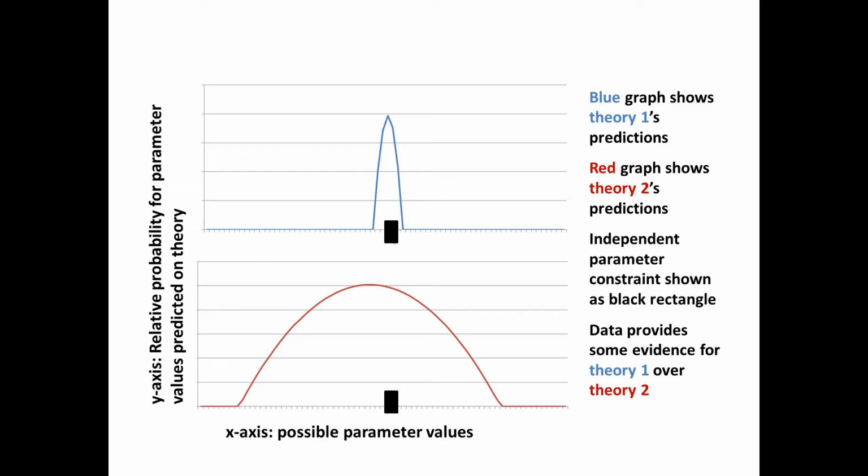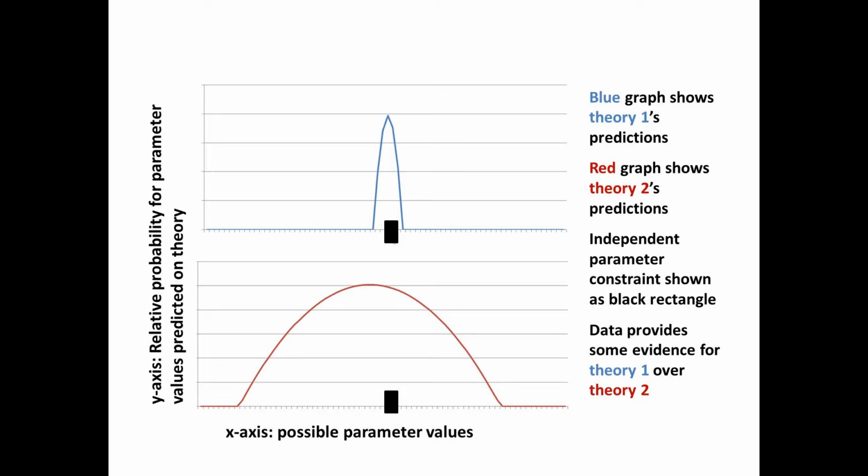And then we have a theory which makes predictions, shown in blue here. Theory 1 predicts something relatively narrow, and so when we find that the value that is consistent with that is as predicted, then that provides a decent amount of confirmation, as compared to theory 2, shown in red, which makes a much broader prediction.